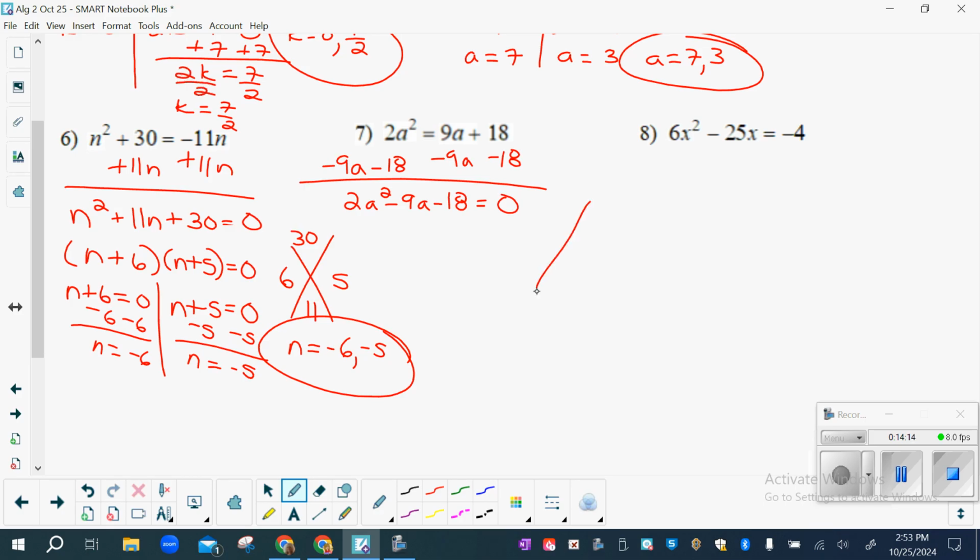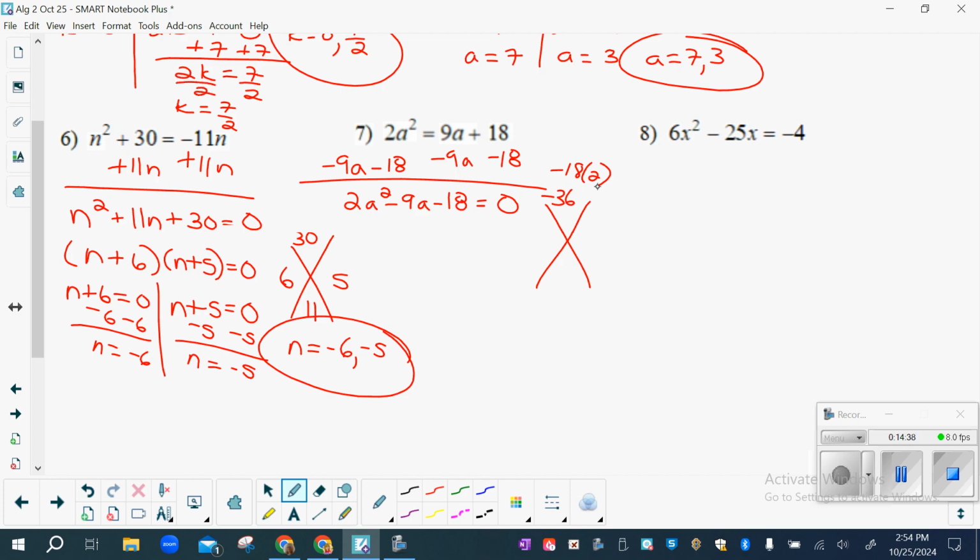So now we're going to factor using the x. What goes on the top and what goes on the bottom? What goes on the top? Negative 36. The last one didn't have a coefficient. This one has a coefficient of 2. So we have to take the -18 times 2.